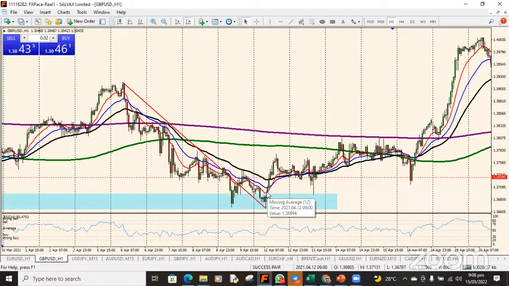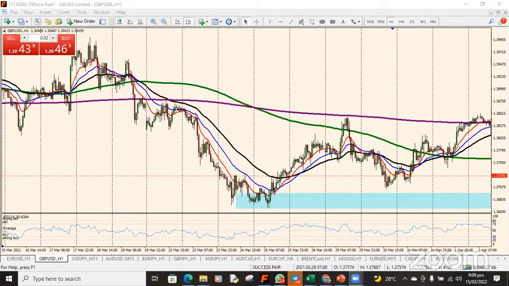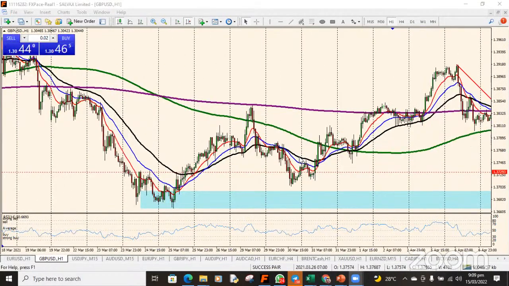Yes, ask your question. Yes, sir. What I want to ask now, imagine I've seen this double bottom in a 1 hour time frame, and then I join my trend line to determine when it's retest. Might I join the trend line in that same 1 hour time frame, or I'll join it in a lower time frame?